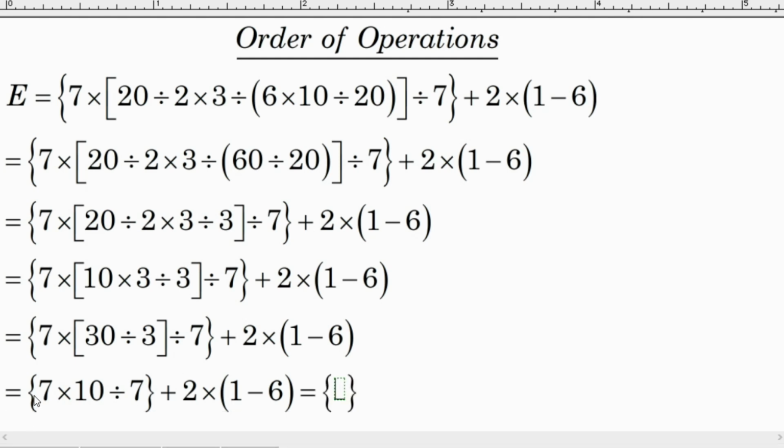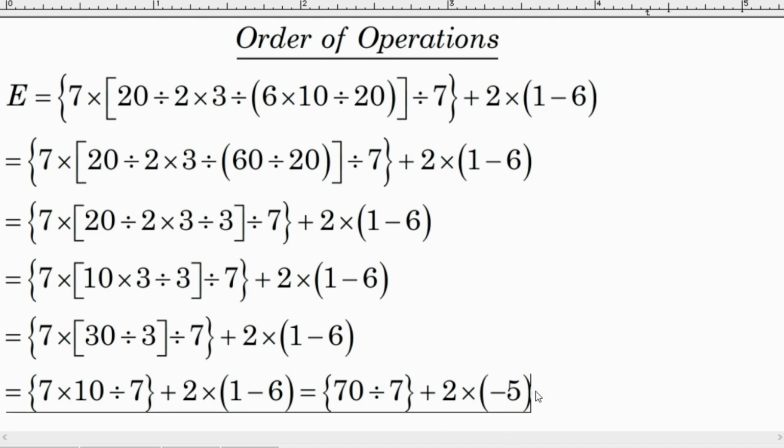We have 7 times 10 equals 70, 70 divided by 7, and then plus 2 multiplied by, so 1 minus 6 will be equal to minus 5. Then 70 divided by 7 will be equal to 10. 10 plus 2 times minus 5.